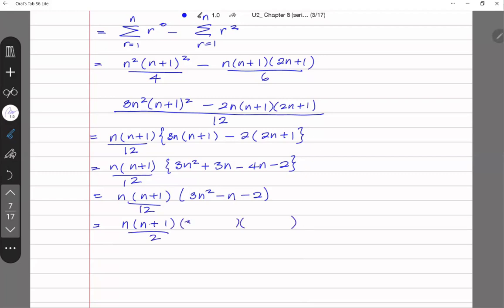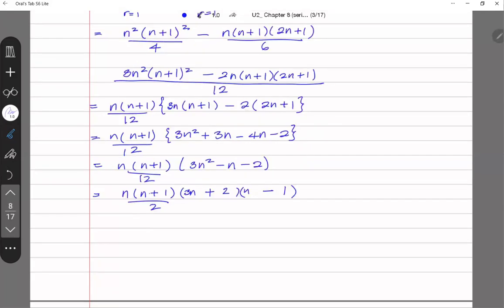So our answer is 1/12 n into n minus 1 times n plus 1 times 3n plus 2. This should be over 12. So we're good?